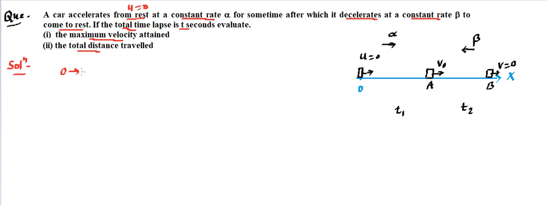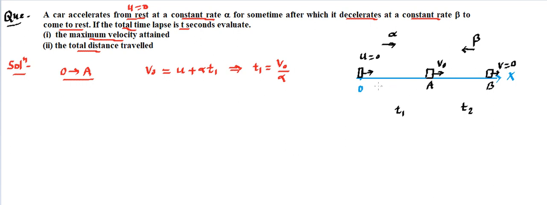For the journey from the origin O to A, v0 is the final velocity, which is the initial velocity plus acceleration into time t1, that is v0 = u + alpha t1. Since u is 0, this gives t1 = v0 divided by alpha. So we got the relation between the time duration and this middle velocity.